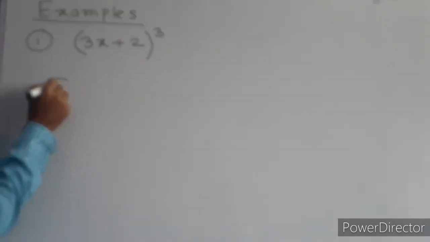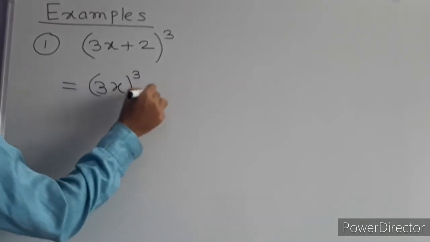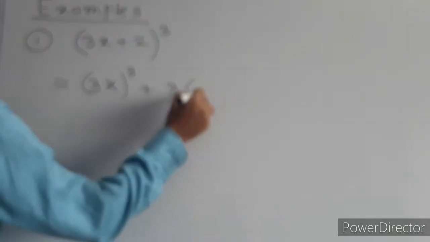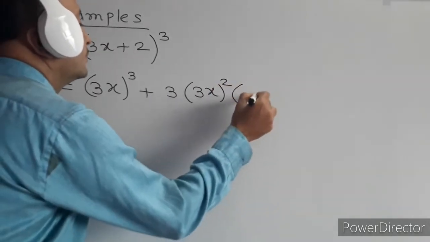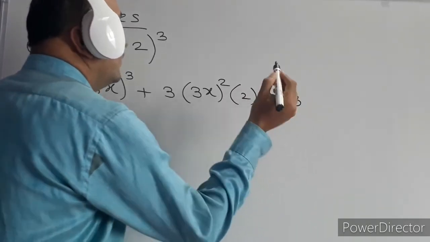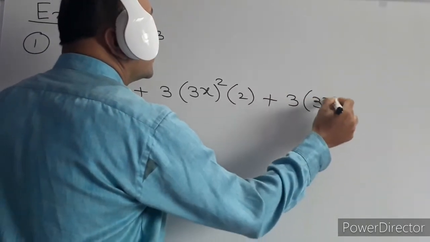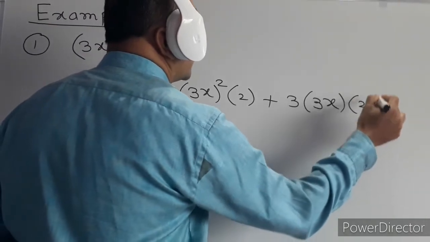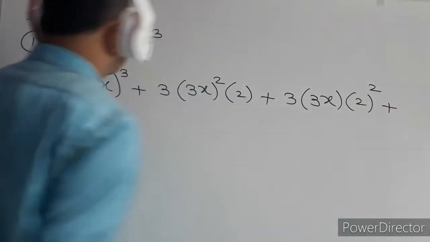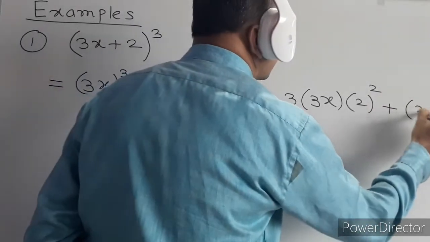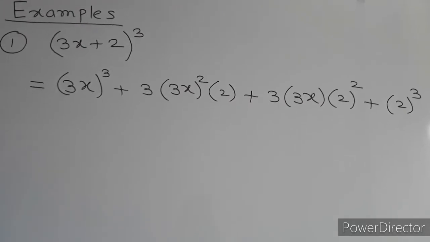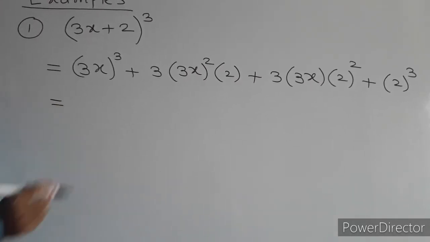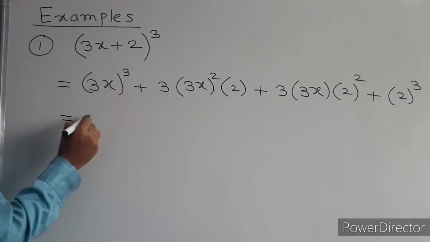So first term cube plus 3 from the formula, first term square into second term plus 3, first term and second term square, plus second term cube. So this is called the use of the identity. Now the further part is calculation, and that is the final answer. So 3 cube is 27.